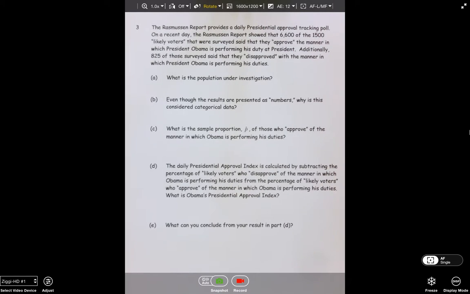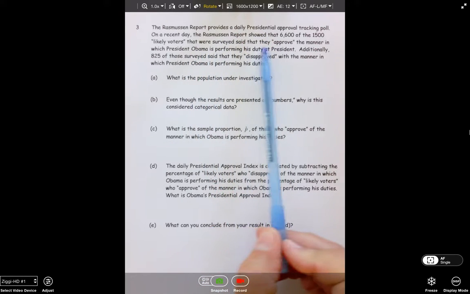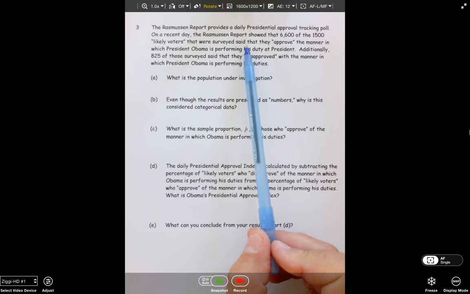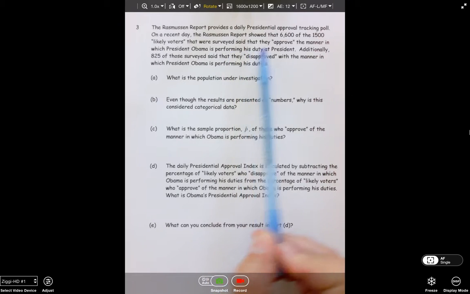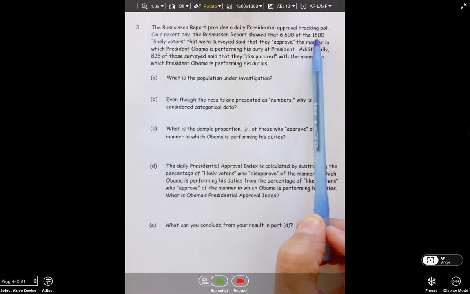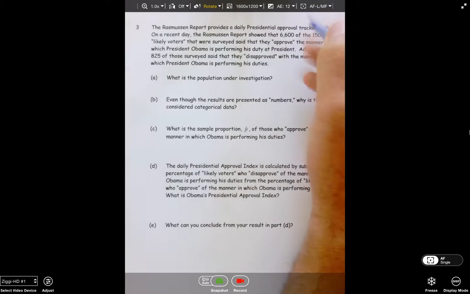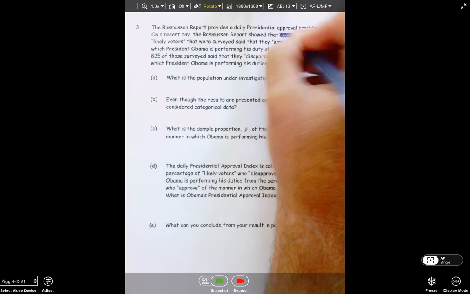I'm going to give them some props today, and I'll probably spend the rest of the semester ripping down the work that they do. And I do want to tell you that they're reporting on the president, and Barack Obama is our president right now. And there's no hidden agenda here. His poll today actually comes out pretty nicely. 6,600 of, actually that should be 660. That was a typo.